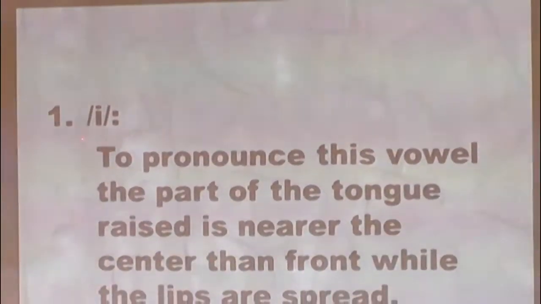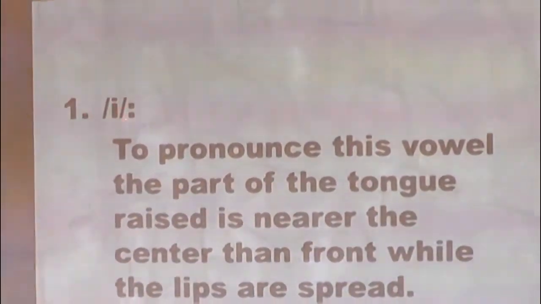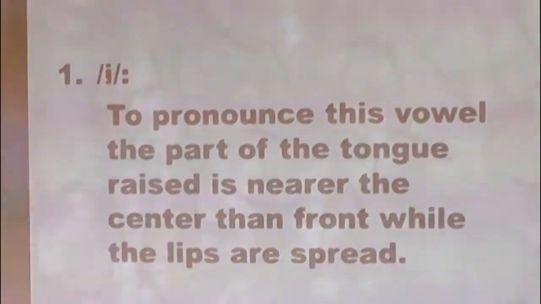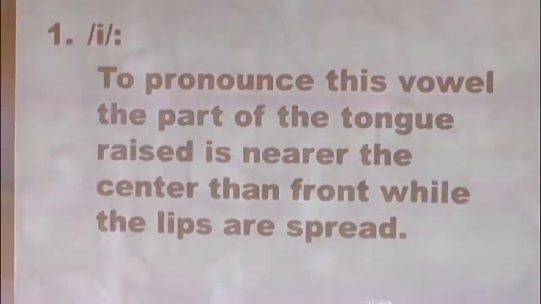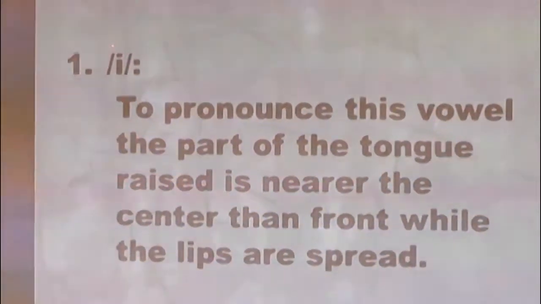Look at this, the first one. These 2 slashes must be there. That is what differentiates it from normal alphabets, that is, letters of English. There must be these 2 slashes. Now the first one is called /ɪ/.